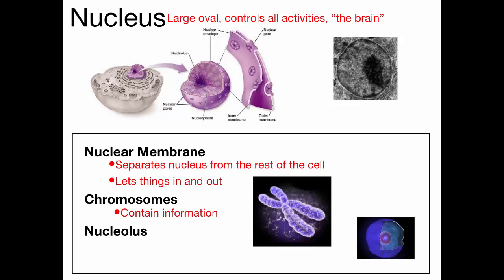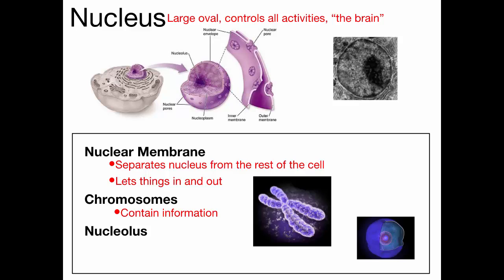Does anyone know how many chromosomes there are in a normal, healthy human body cell? Nicholas? Close. He said 23. It's actually 46. If you double that, it's 46. 23 of them come from, where did you get 23 of your chromosomes?